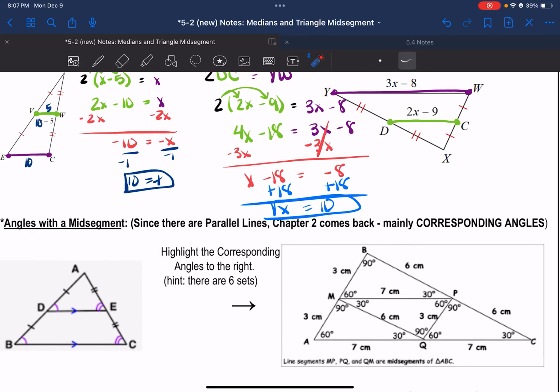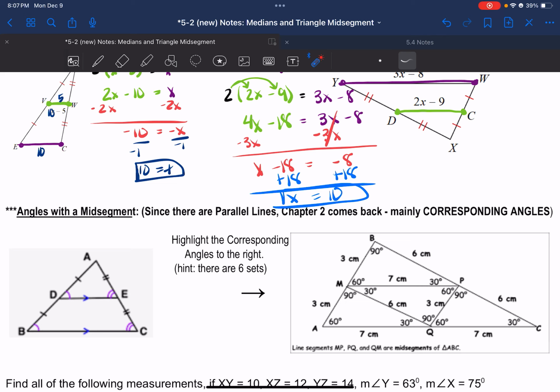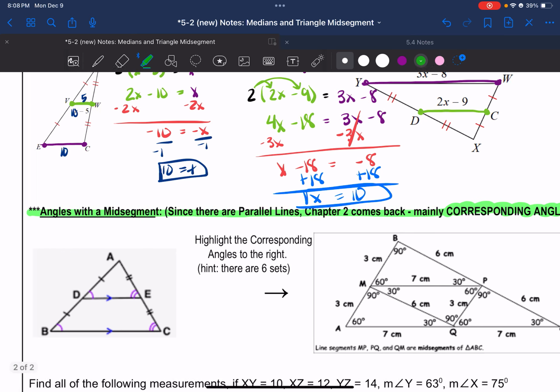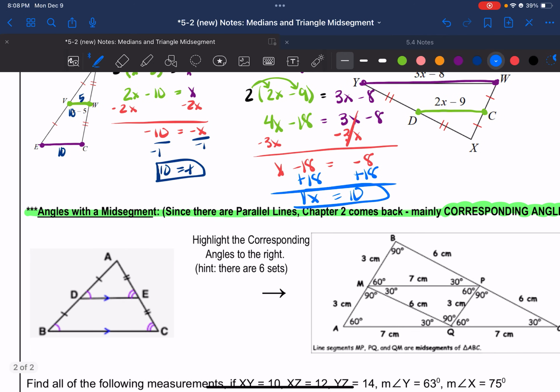All right, the very last thing that we are going to look at here is angles with midpoints or mid-segments. Since there are parallel lines, chapter 2 comes back, and mainly corresponding angles. Okay, so let's go ahead and look.